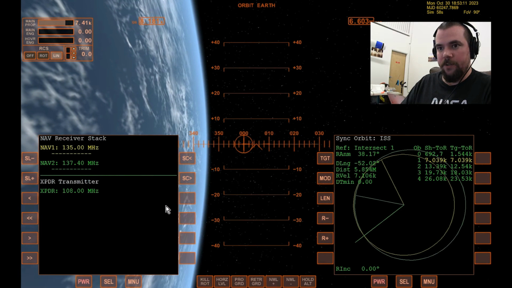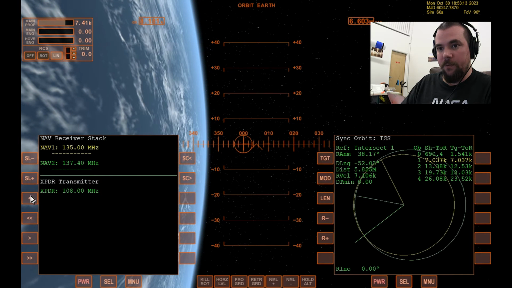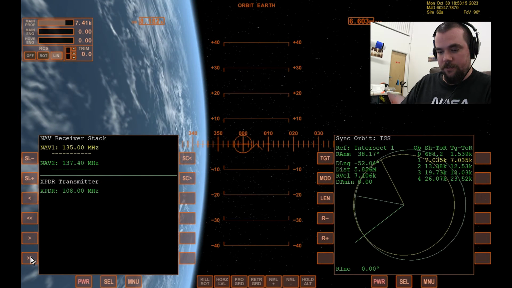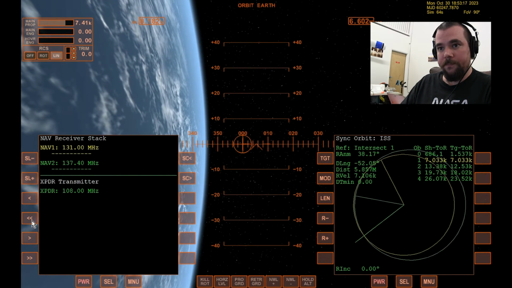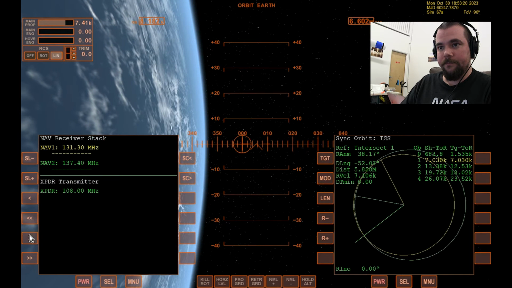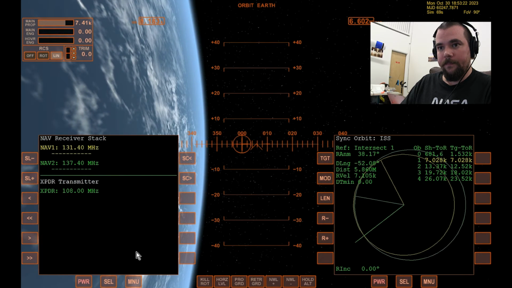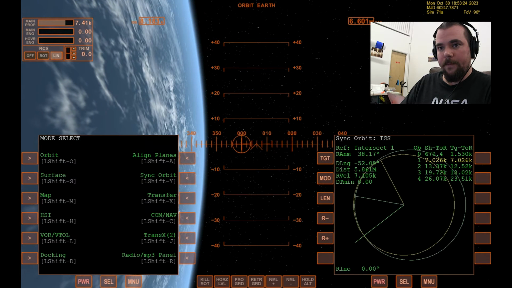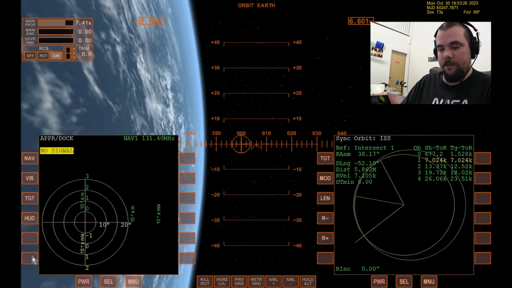And those are basically what you use for the final rendezvous maneuvers. So let's see, 131.4.